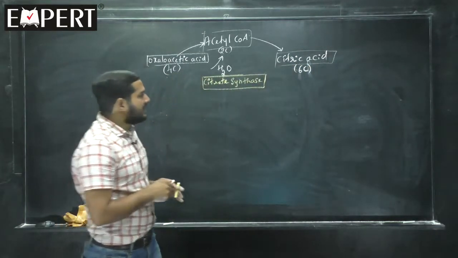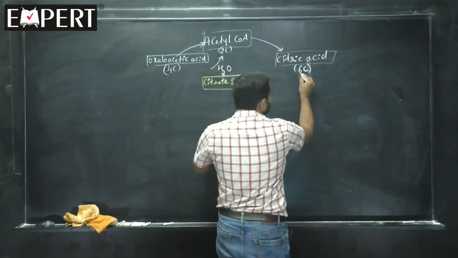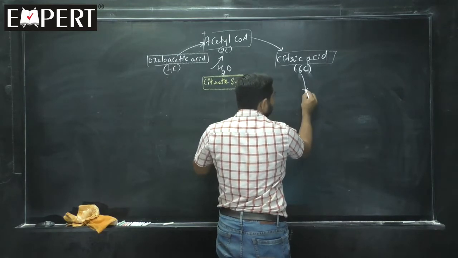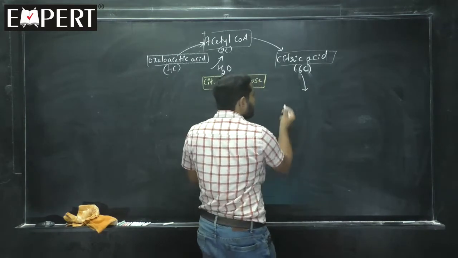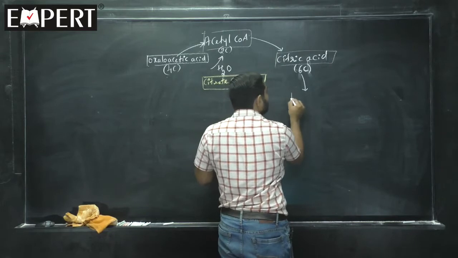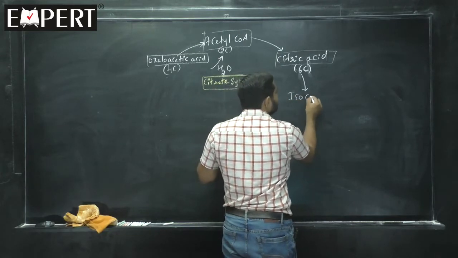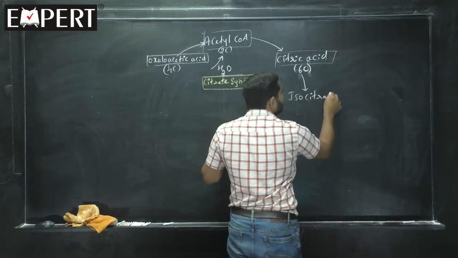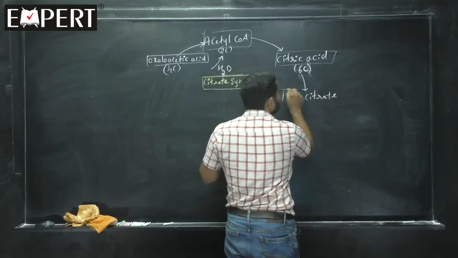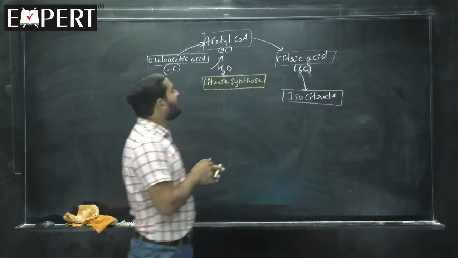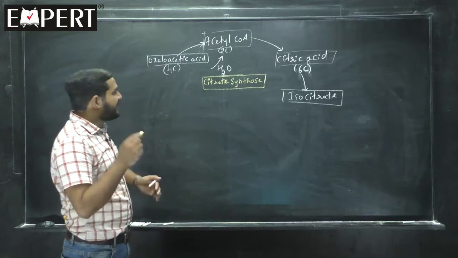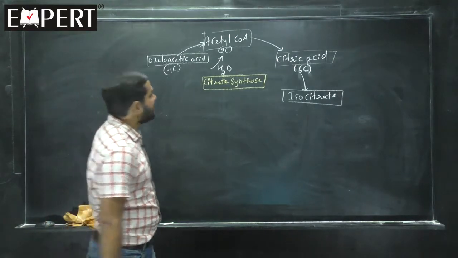Now, the next step: the citric acid undergoes isomerization to become isocitrate. If this is the isomerization step, what is the first step? Tell me.